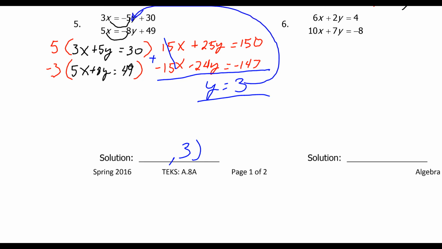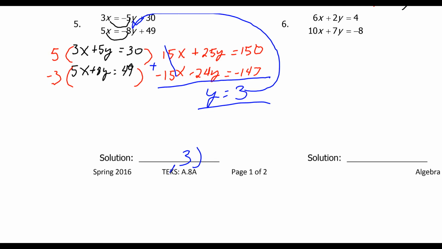So we're going to have 3x equals -5 times y, which is 3, plus 30, so 3x equals -15 plus 30, and that's going to be 3x equals 15.